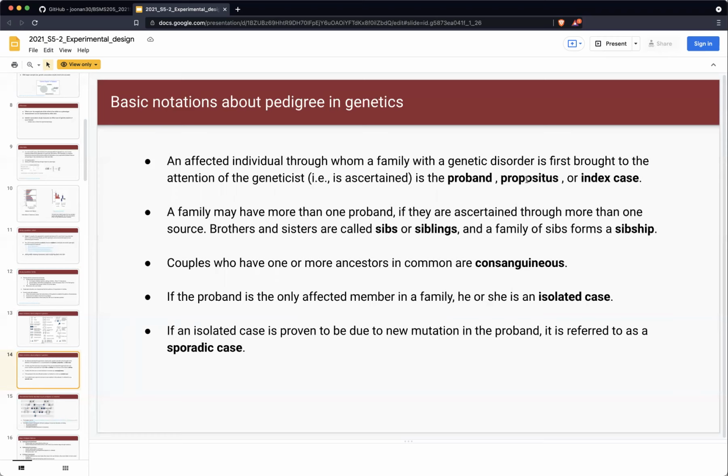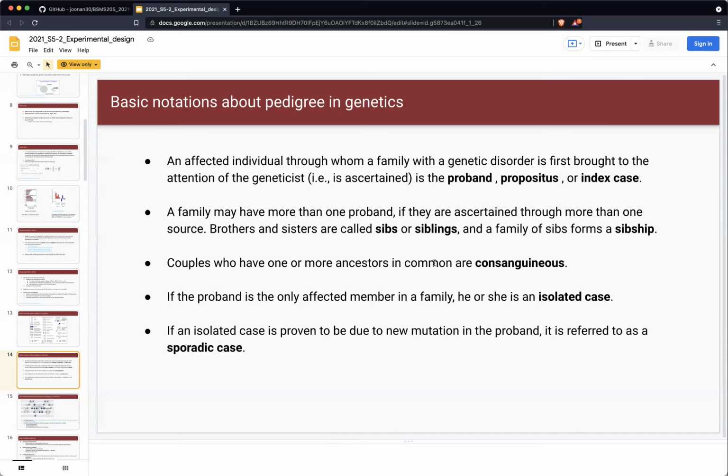I don't use propositus that much, but proband is quite frequently used, as are siblings, right? Proband is the family member with the disease in a pedigree, and siblings are their brothers and sisters. And consanguineous describes couples who have one or more ancestors in common, right?